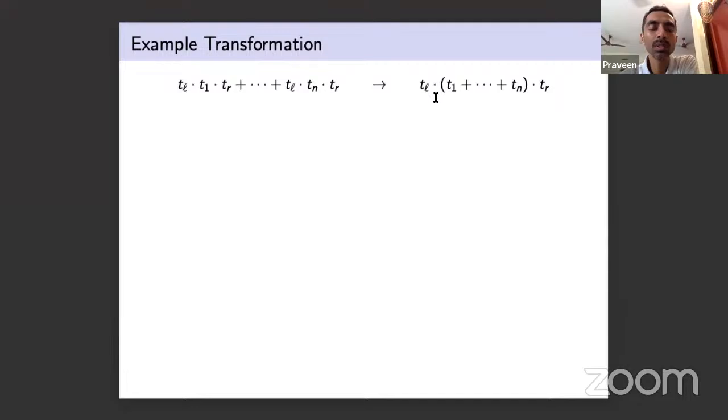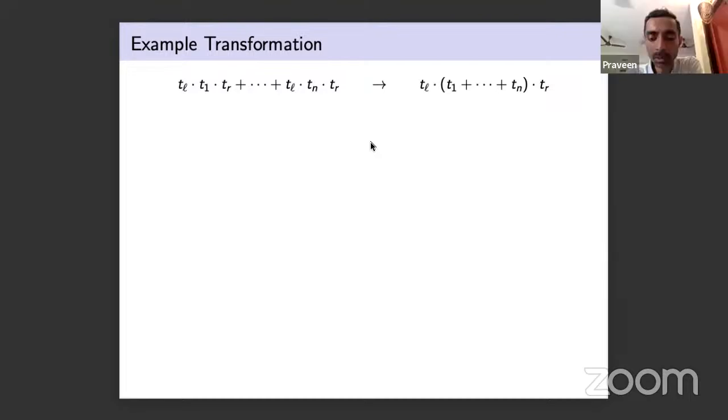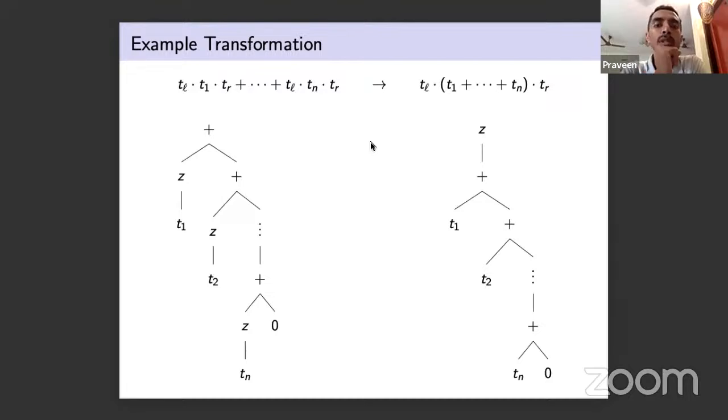Now this is a standard transformation for expressions that is used, for example, in efficient evaluation of polynomials. So what we would like to do is capture these kinds of transformations, and the way we do it is through patterns. The expression on the left-hand side is captured by this pattern tree below.